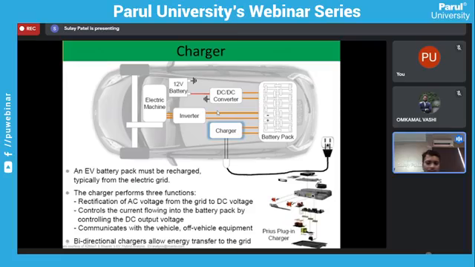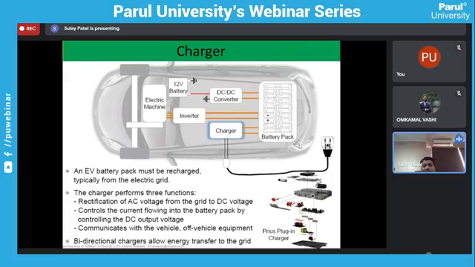Charger. When we see the fuel tank level is at empty in our petrol and diesel vehicles, we rush to the petrol pump, get our fuel tanks filled, and start our journey again.